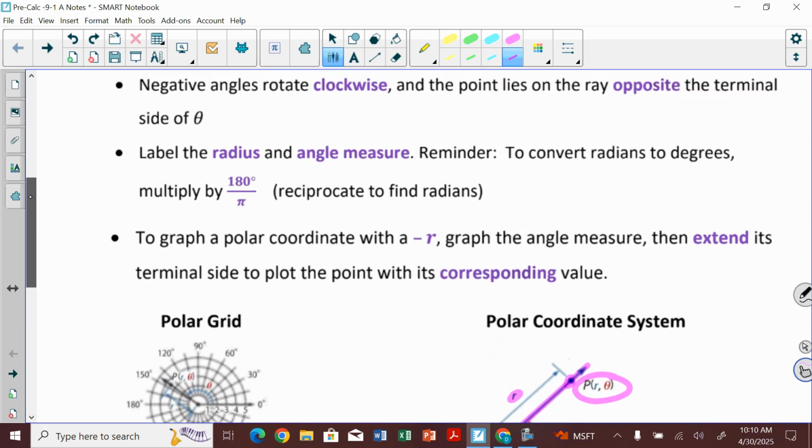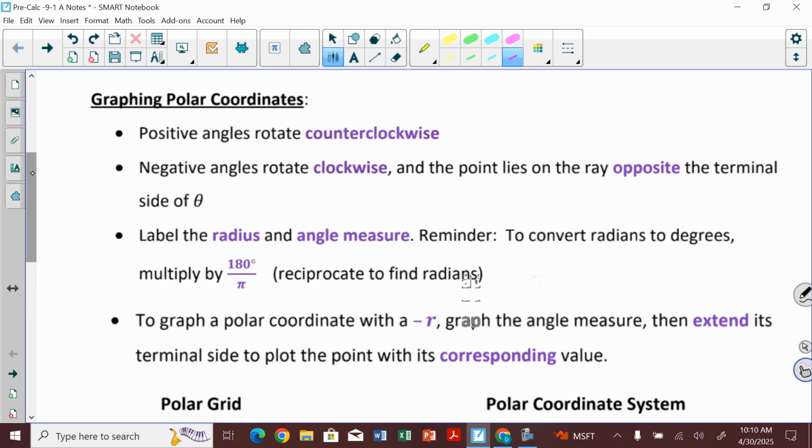So that's what you're looking at in the system. All right, let's go back up now when we talk about graphing these. We'll talk about how to graph them, and then what that looks like on the grid. So graphing polar coordinates, positive angles rotate counterclockwise, like when we're measuring angles. And negative angles, just like the unit circle, go clockwise.